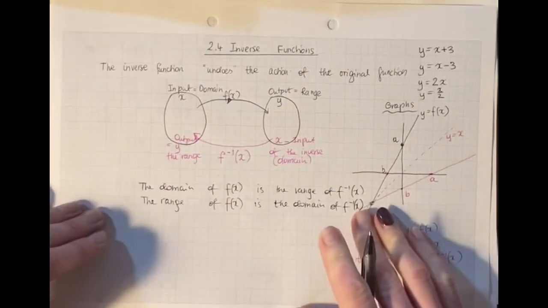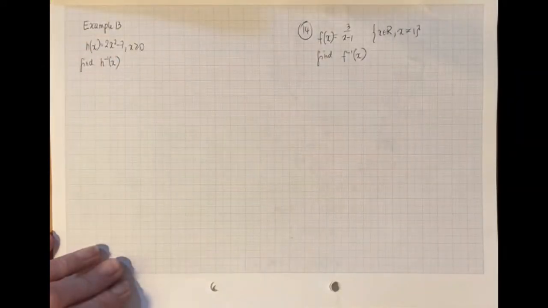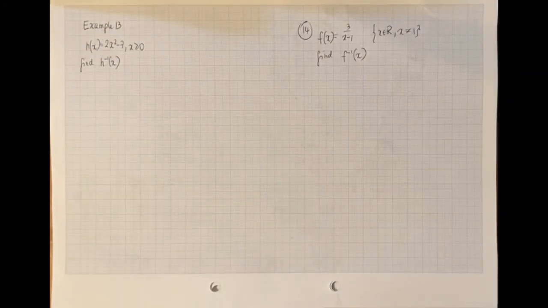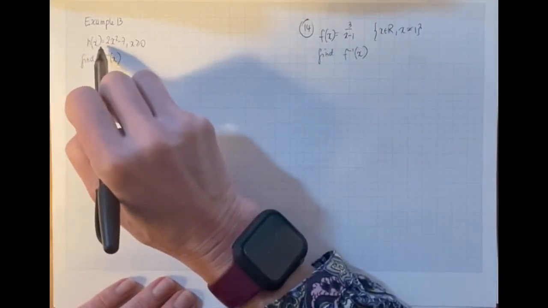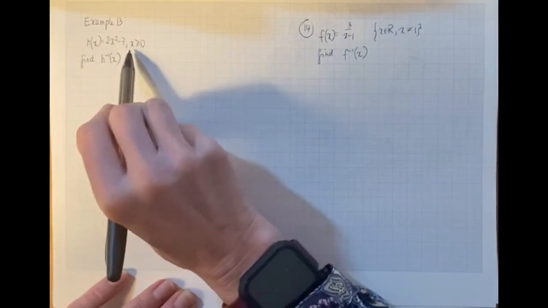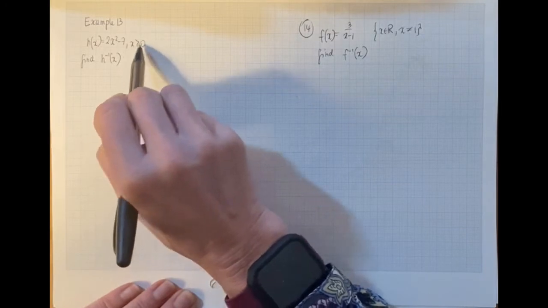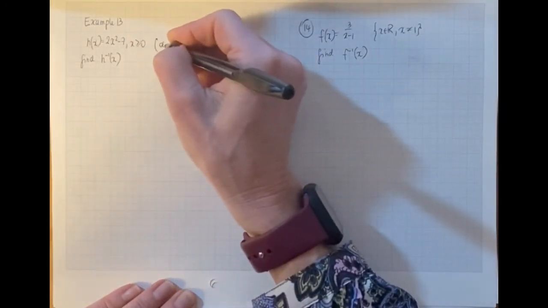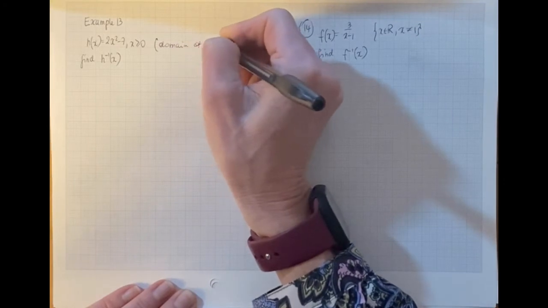Let's actually have a look at some examples where you've got to find some inverse functions. So over here in example 13, our function h of x is 2x squared minus 7. Now it's defined for x greater or equal to 0. So this is the domain of h of x.